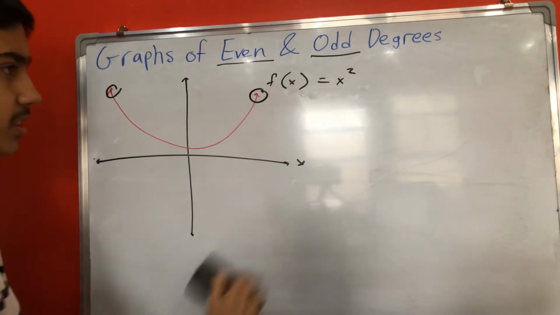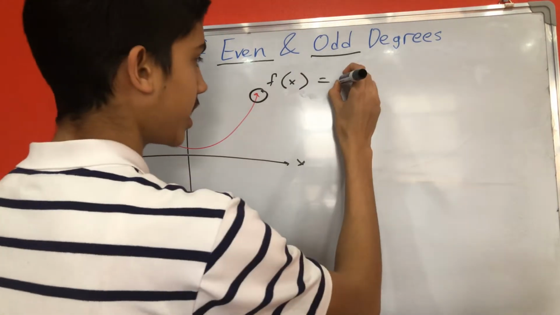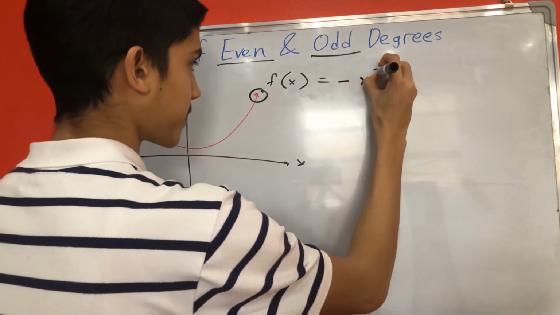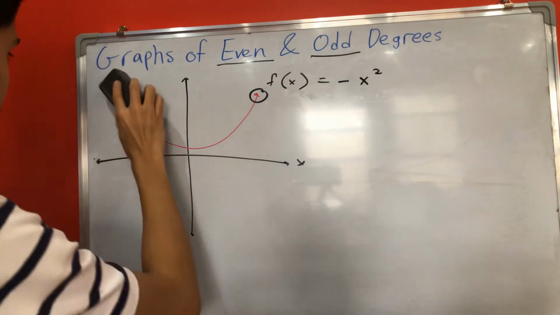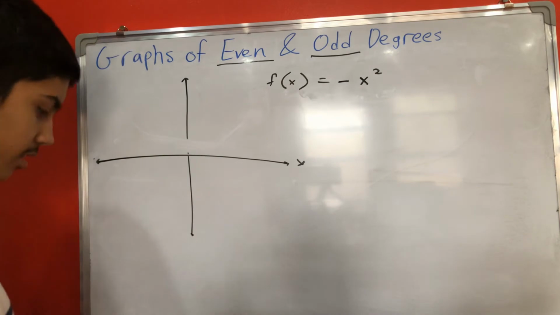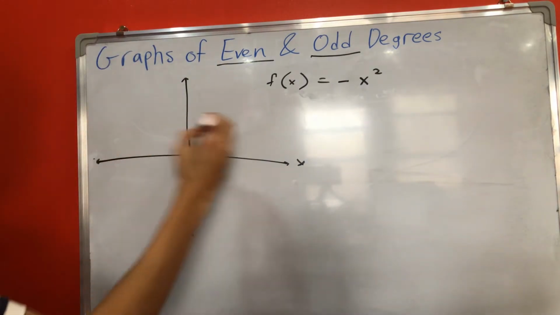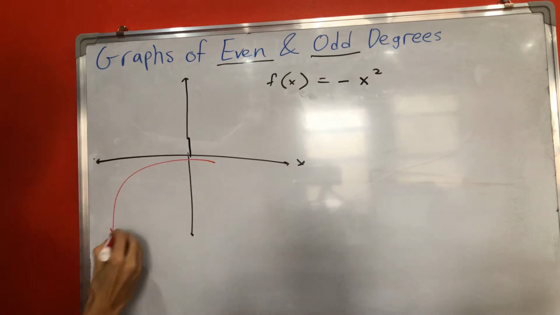Now, what about if it's negative? For example, what if we have negative x squared? Then it's going to be a little different, but very similar. The entire graph is actually just going to look like this. Instead of being a happy face, it's going to be a sad face.